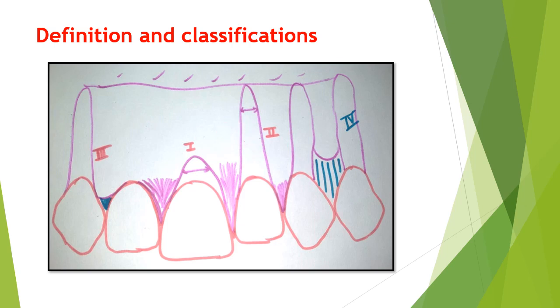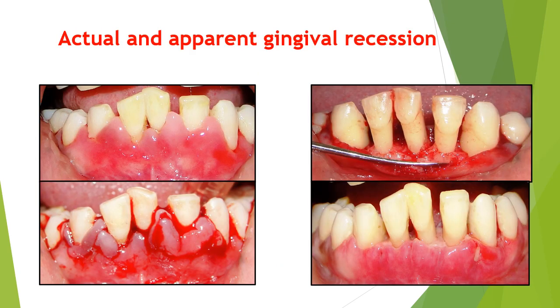So coming to my next slide, we'll be discussing this in the clinical pictures. Before I go to various classifications, there are two terminologies usually asked: actual and apparent gingival recession. Apparent or visible gingival recession is when you can clinically appreciate an apical migration of the gingival margin which you can see clinically.